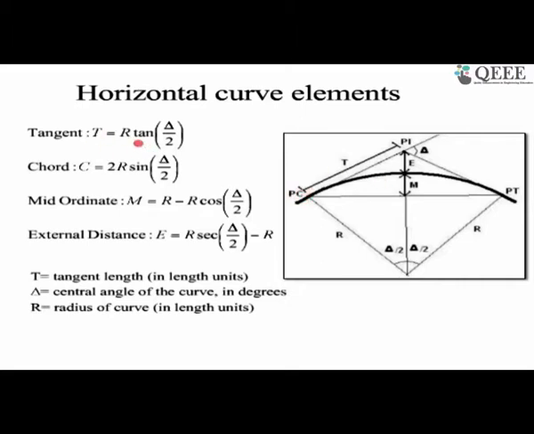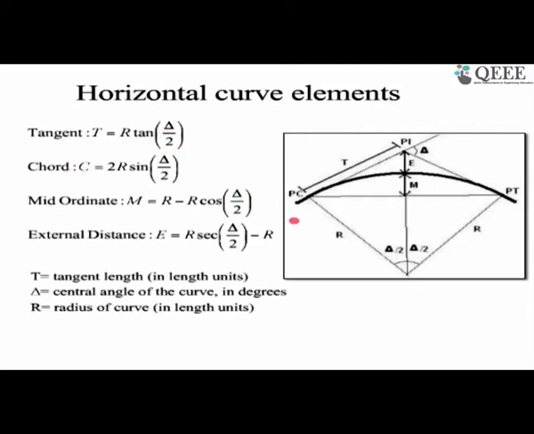So T is equal to R times tan delta by 2. Delta is the deflection angle of the tangent. This was one tangent, this is the other tangent, and the road is deflected by this amount of angle. This is the deflection angle, and we use R times tan delta by 2.